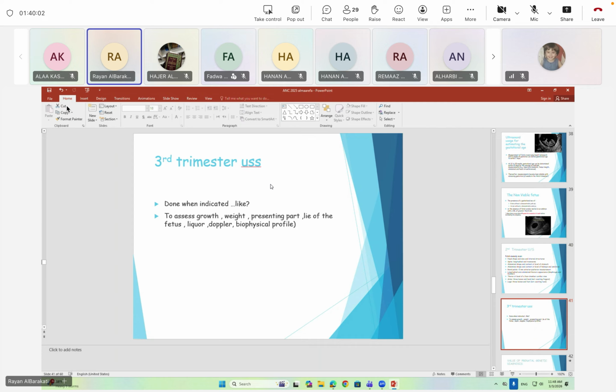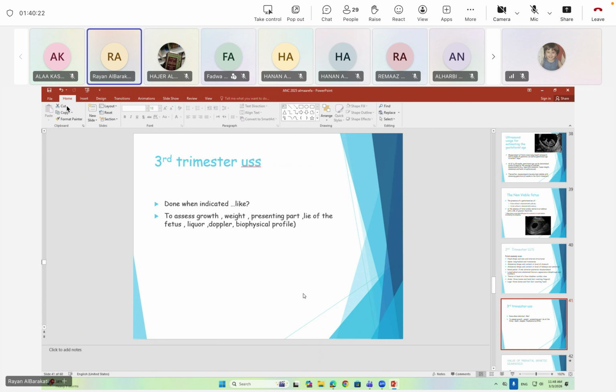In the third trimester, ultrasound is done when indicated. Here, if you have a discrepancy between the fundal height and the gestational age, or if the patient is coming without knowing her gestational age and you want to check it, then you can do this.